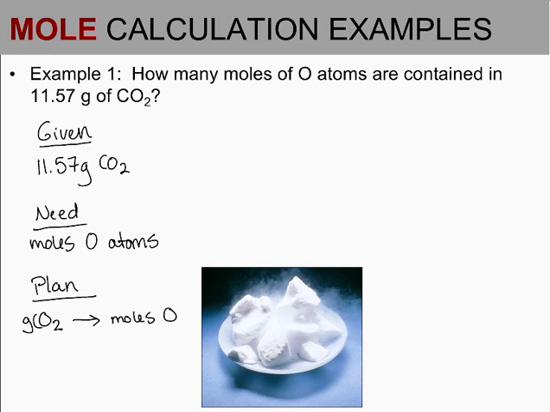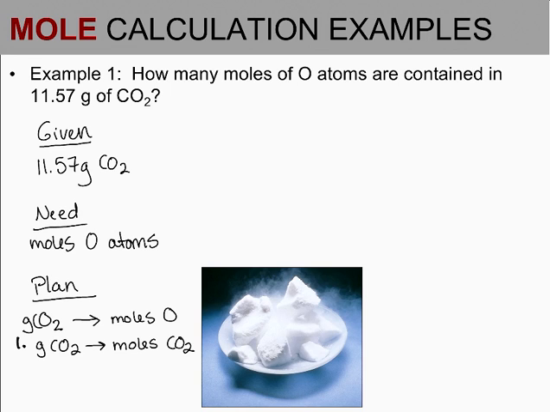Okay, so going to our conversion factors, we know that we can go from grams to moles using molar mass. So maybe step one, we'll start by converting grams of CO2 to moles of CO2.